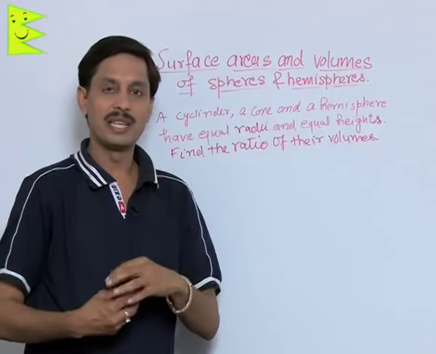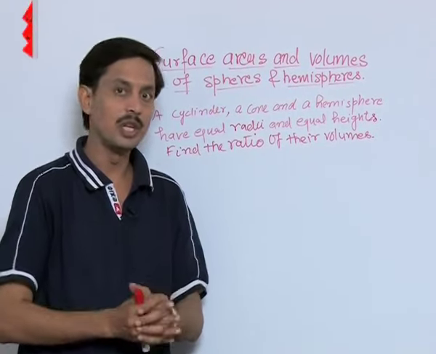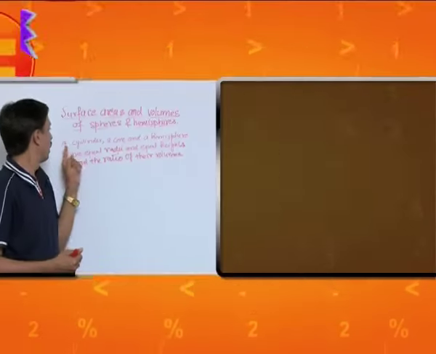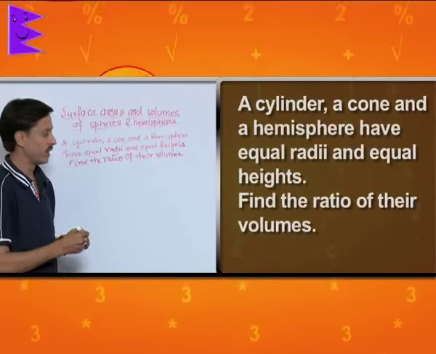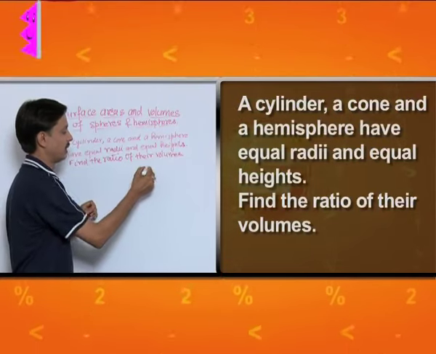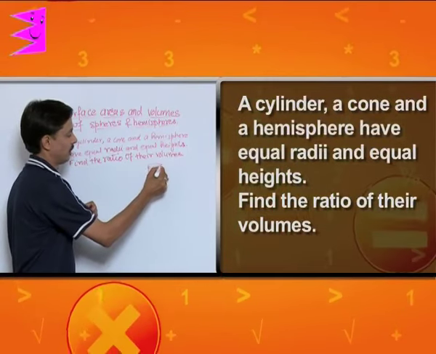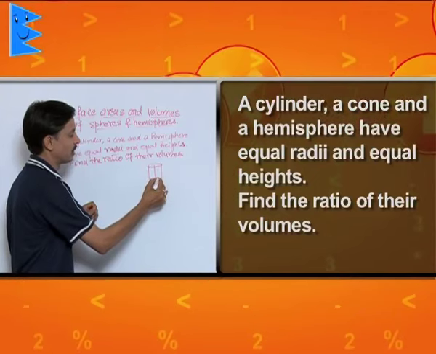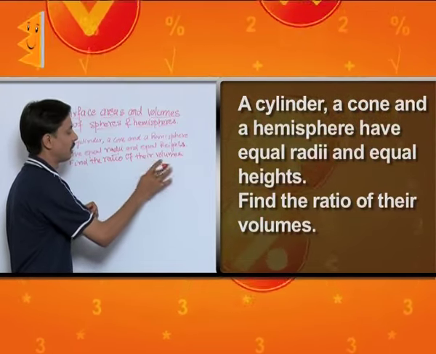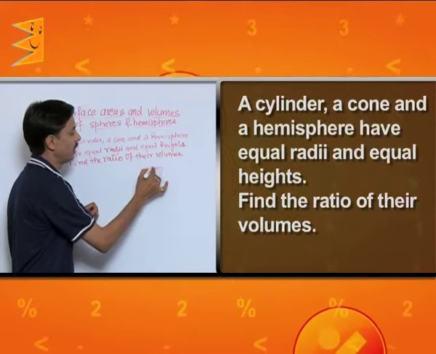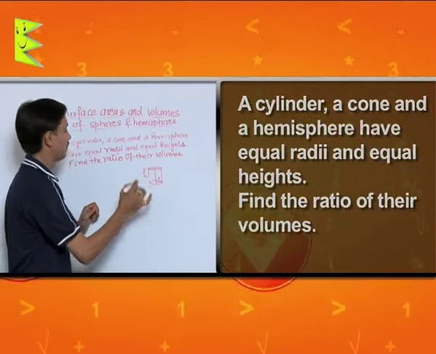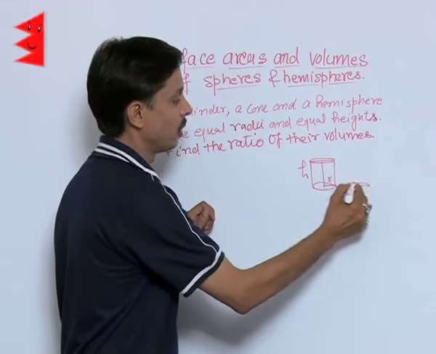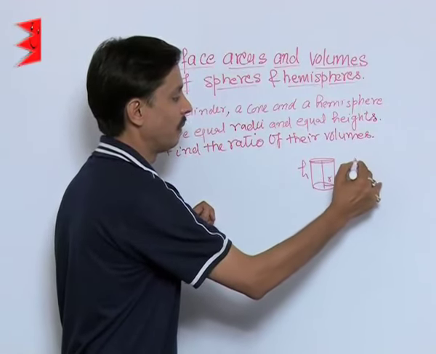Now one more example where all three shapes are to be taken together. A cylinder, I can show you here, has a radius and some height h. A cone is one shape you know very well. And a hemisphere is a shape like this.